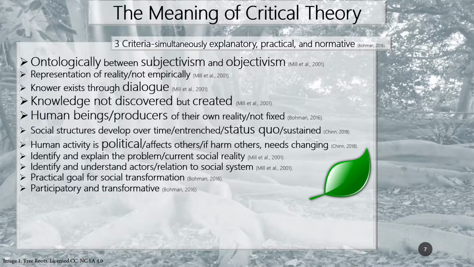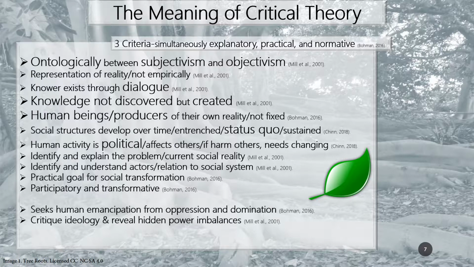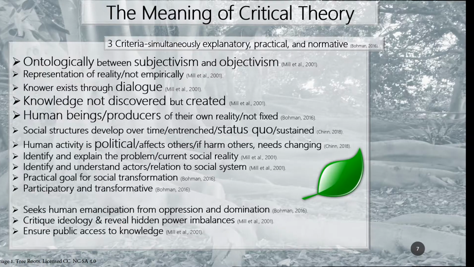If human activity is causing harm to others, then one must work to identify and explain the current reality, identify the actors involved and relationships to the system, and use creative, participatory strategies to create goals and create change. The intent is to free people from oppression and domination, to critique current ideologies and uncover power imbalances, and then also to ensure that the public has access to the knowledge which you've generated.